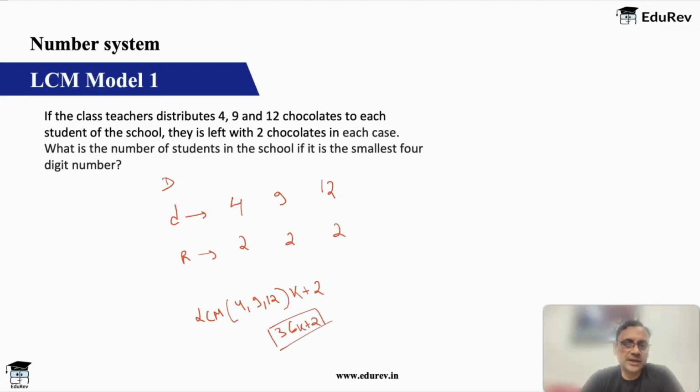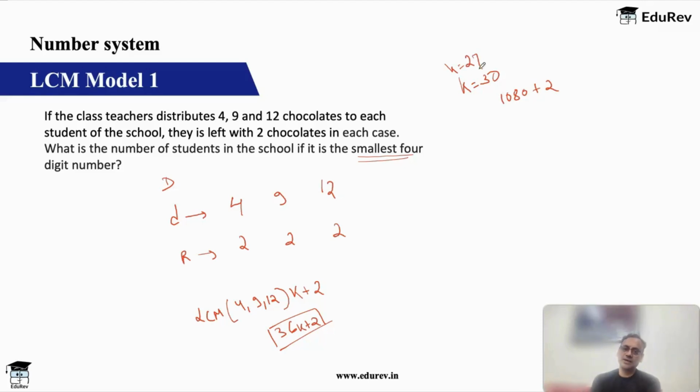The question says it is the smallest 4-digit number. If I take k as 30, it becomes 36 into 30, which is 1080, plus 2. That's a bit too much. I need to subtract about 80, so k should be taken as 27.